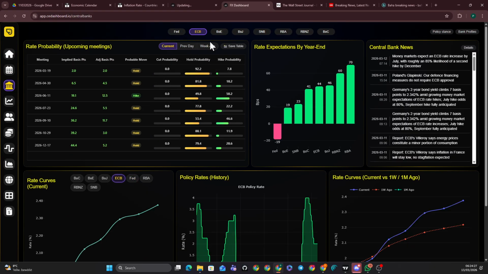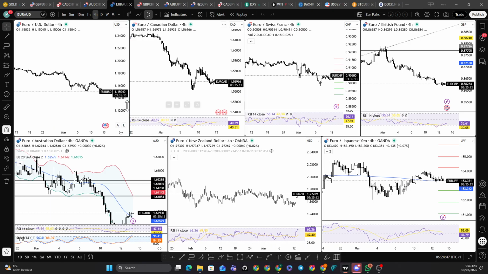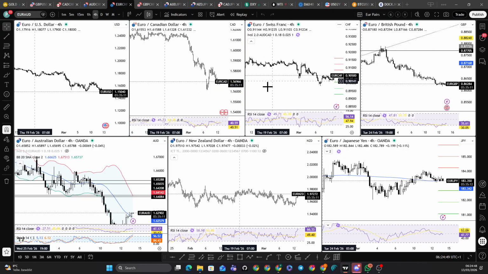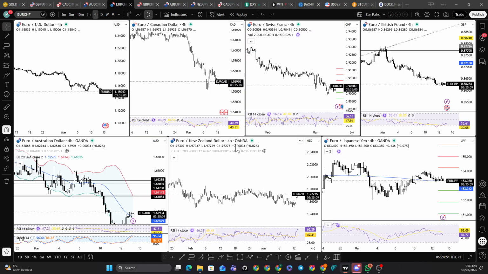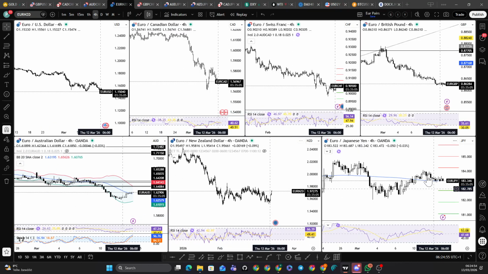European Central Bank, a week ago we had a hold, probably most of the rate decisions were pricing a hold scenario, and now it's shifted to a hike, which is good, because the euro was at a cheap level for the last couple of weeks.